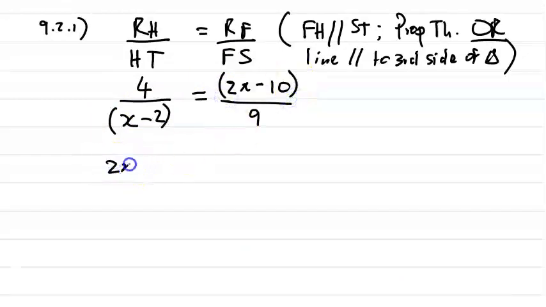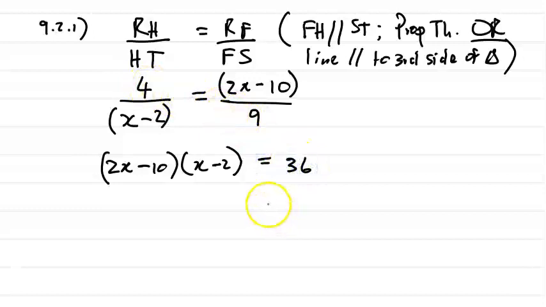So therefore, 2x minus 10 times x minus 2 equals 4 times 9, equal to 36. So you can see that we're going to get a quadratic equation here. 2x times x is 2x squared. 2x times minus 2 is minus 4x.